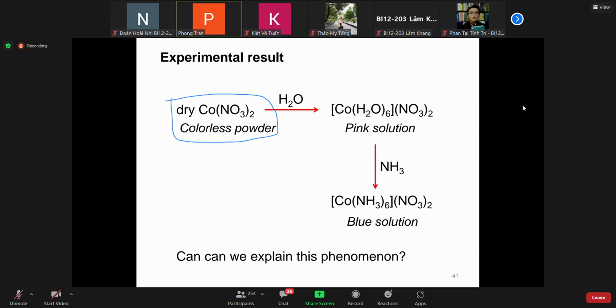Which wavelength is it absorbing? And when you drop NH3 inside, you see the color change because the absorption changes. But why does the absorption change? And in terms of energy, how does the energy splitting of the d orbitals change when you change from water to ammonia? Is it okay? Those are the several questions.